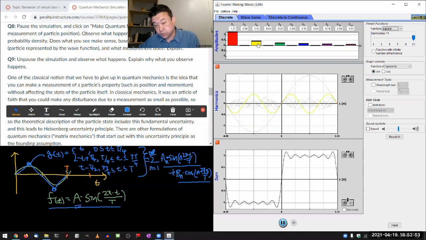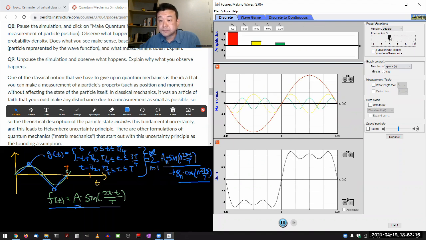It needs greater correction to flatten out this maximum and to add definition to this transition. And how steep this slope can be is eventually limited by the highest harmonic you get to. You can see that as I reduce the number of harmonics, this steepness gets smaller and smaller.